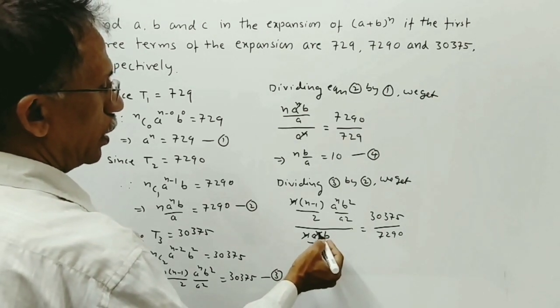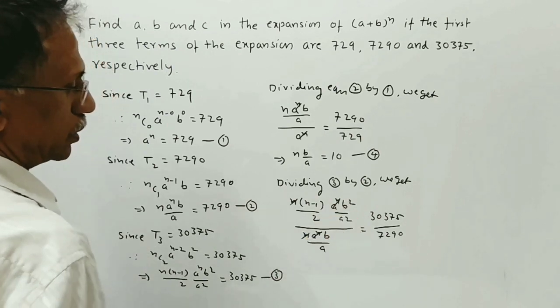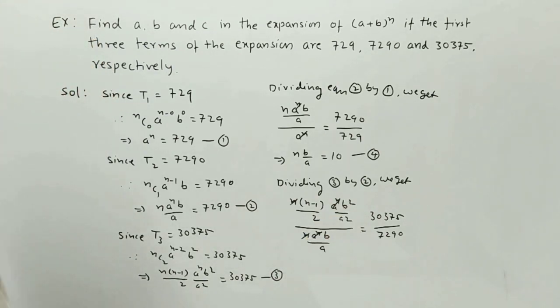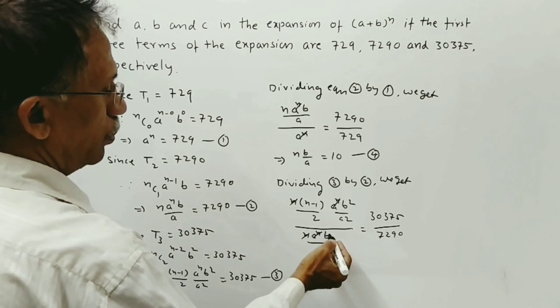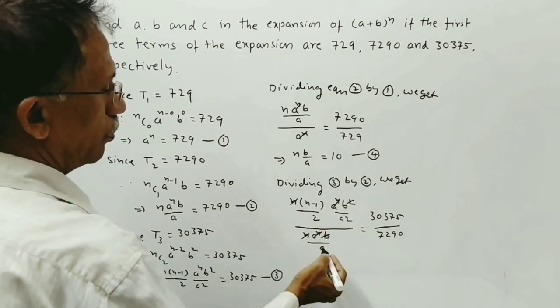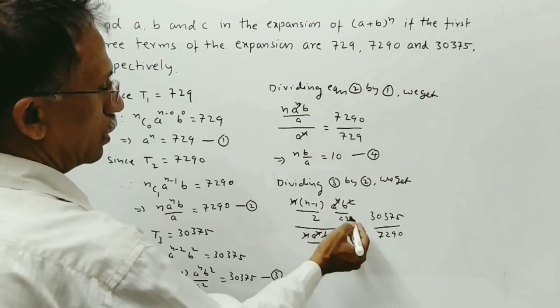A raised to the power n and A raised to the power n we can cancel. 1 B we can cancel with B and A we can cancel with A.